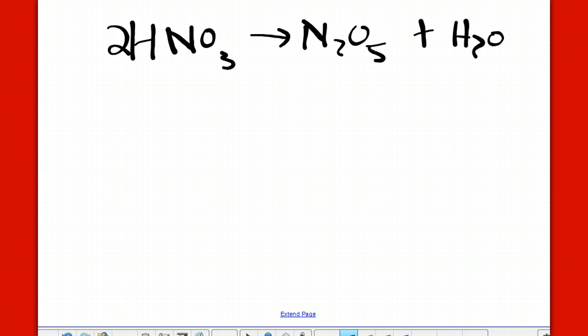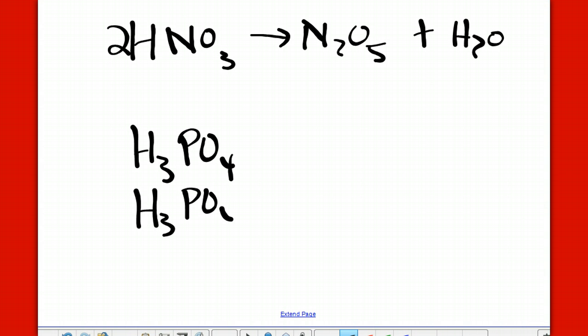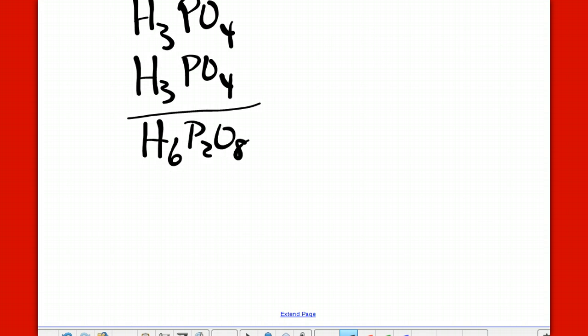Let's try that again with phosphoric acid. H3PO4. It's an odd number of hydrogens. So we're going to double this up. Again, this is a gimmick. There's no chemical meaning to it. And you're going to get H6P2O8. Now, I'm going to subtract waters, but I'm going to subtract as many waters as it takes to get rid of all the hydrogens. So if I have 6 hydrogens, I'm going to subtract 3 waters, which would be H6O3.